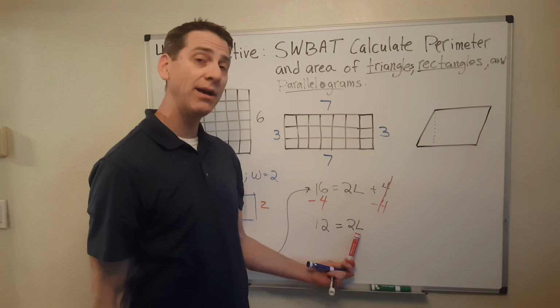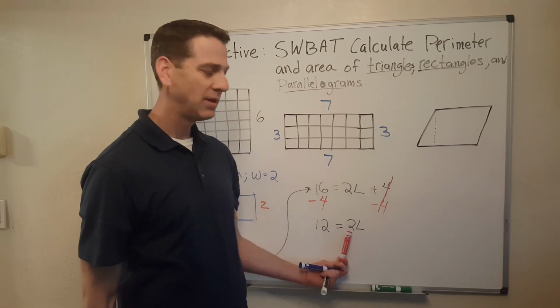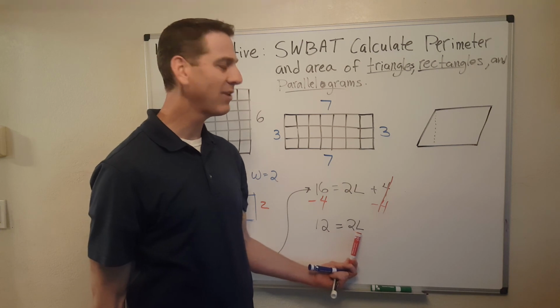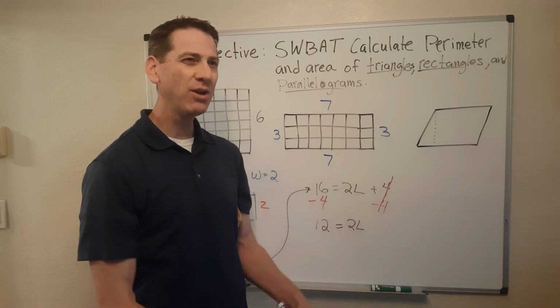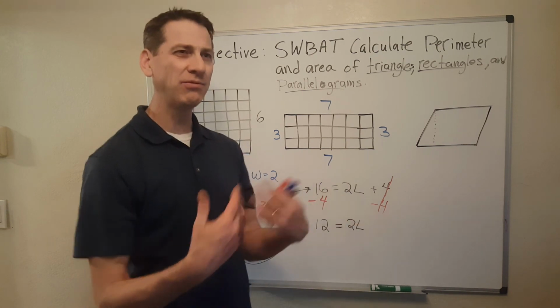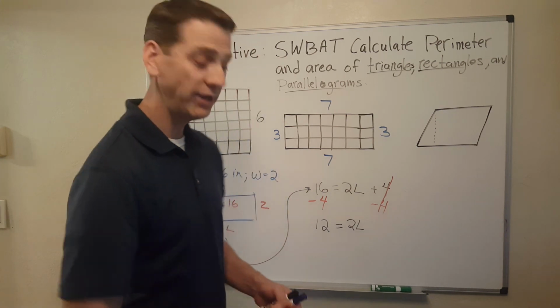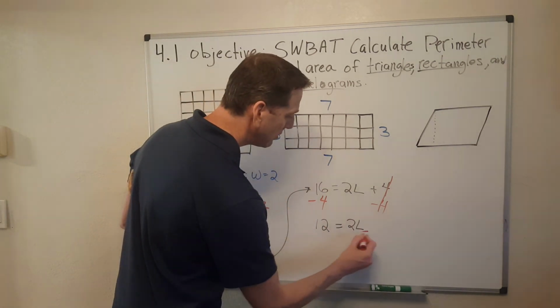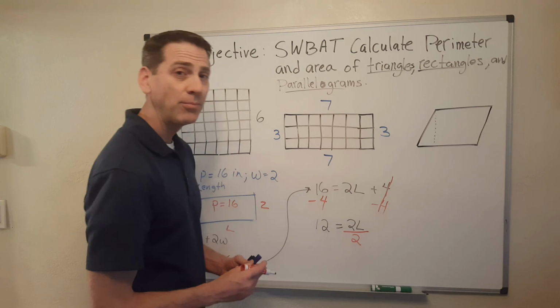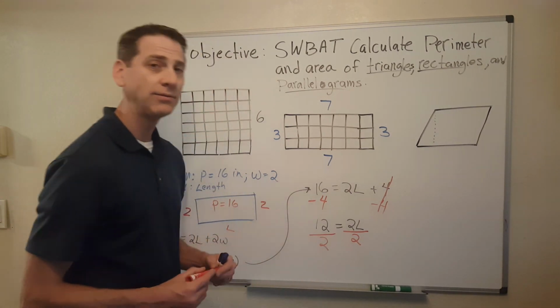All right? Now I'm very close. I almost have L by itself, except I have that 2 there. Okay, this is 2 times L. So how do I undo multiplication? What's the inverse of multiplication? You got it. Division. So I'm going to divide by 2. But again, the golden rule, you got to do it to the other side as well.